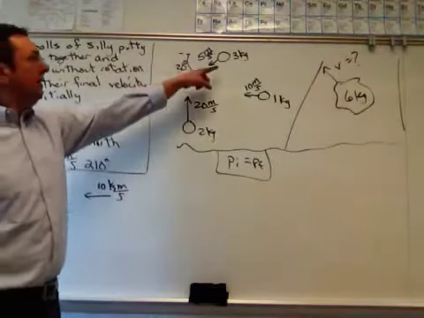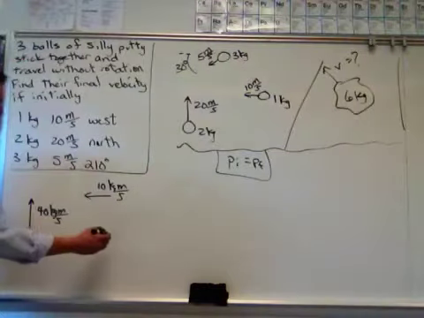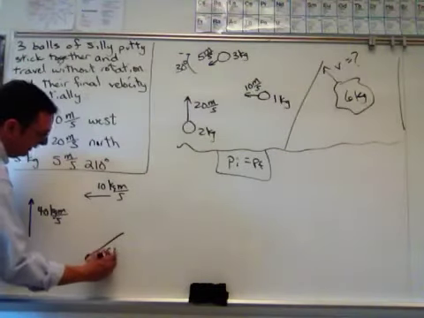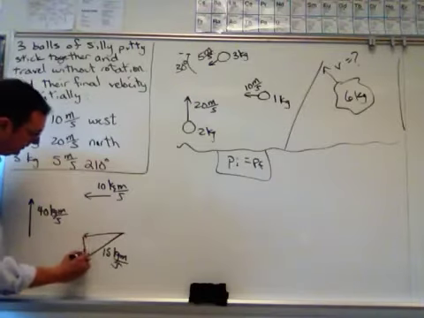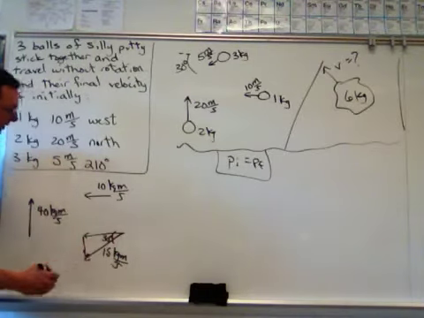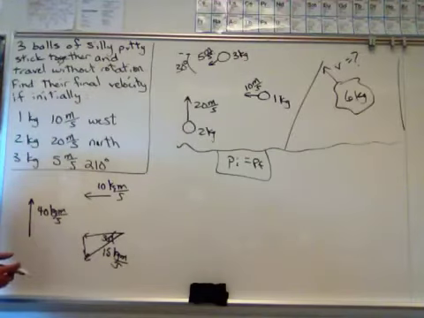And the last one, multiply the 2 together, you get 15 kilogram meters per second at an angle of 30 degrees below the west axis.